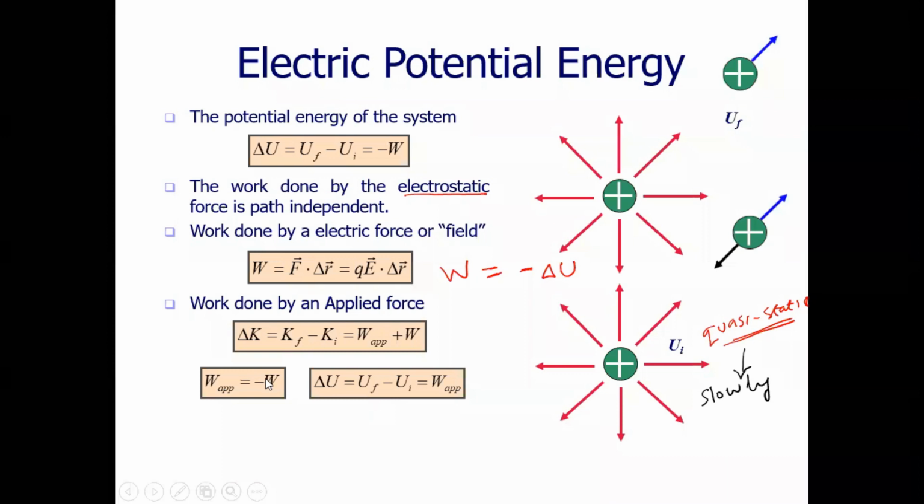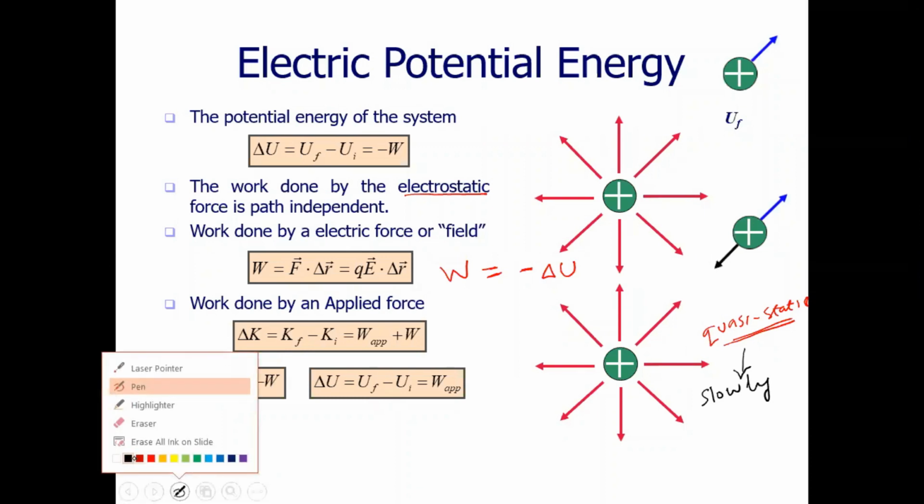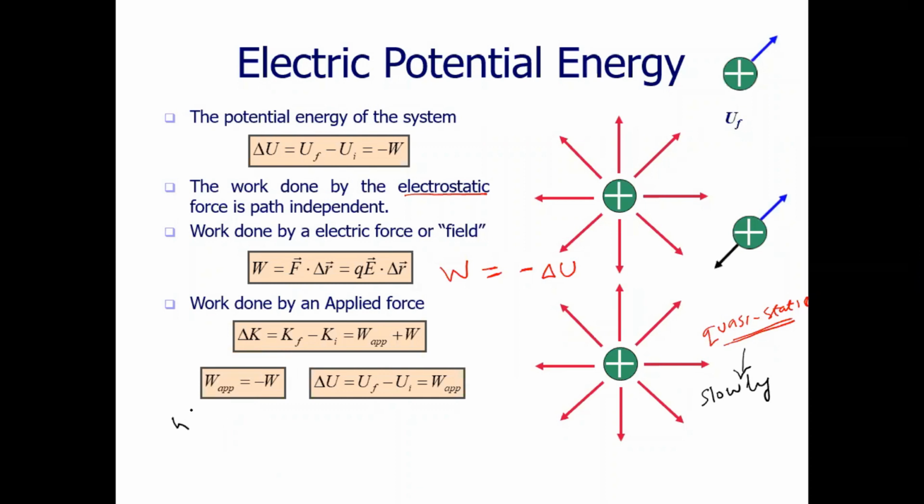Okay. So what is the relationship between the applied force and this work? We can say that the work done by the applied force must be equal to the minus of this work.